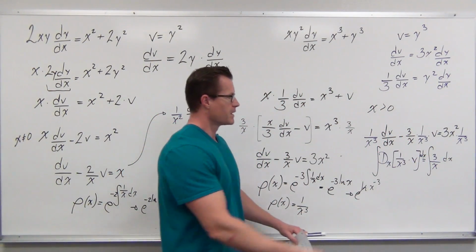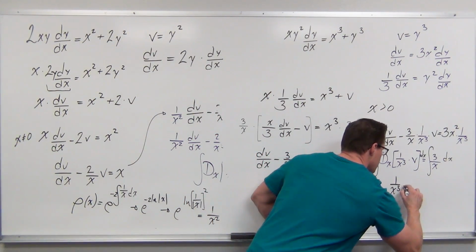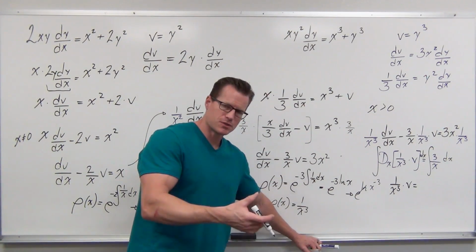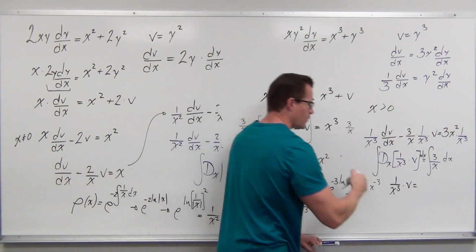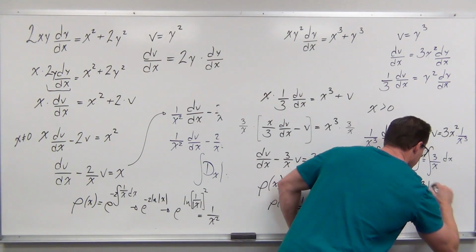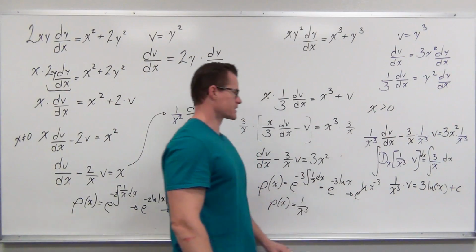So left-hand side, the integral of a derivative gives us 1 over x cubed times v. On the right-hand side, we're going to get 3 ln x, no absolute value, because again, we defined our domain that way. We are going to get a plus c, however.